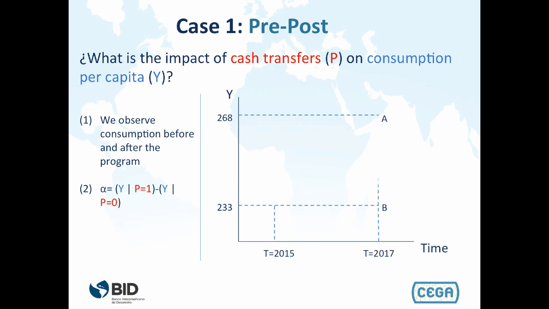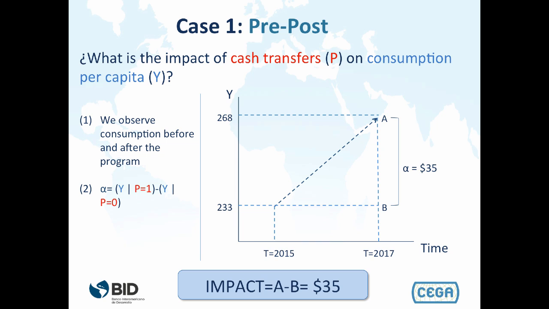So here we're going to look at a particular example. In 2015, we have a per capita food consumption of 233. And that's the horizontal line at 233, which extends all the way to point B. In 2017, that same group has a food consumption A, which is 268 per capita.